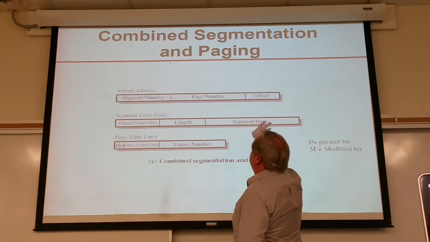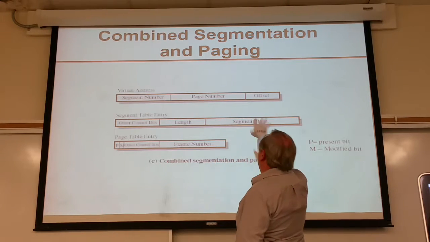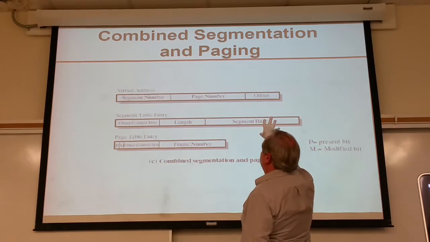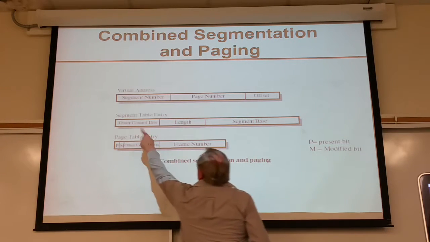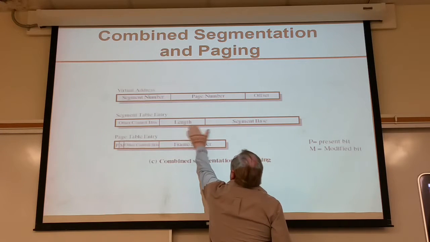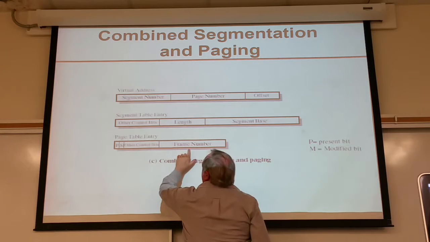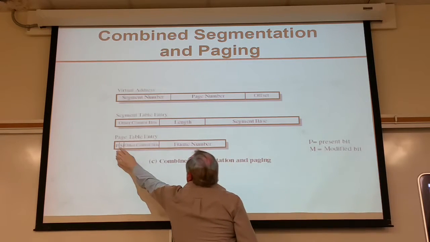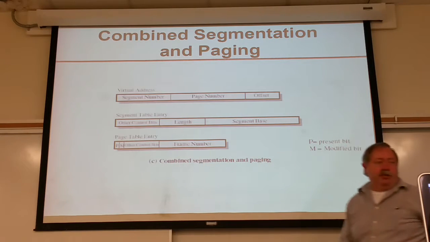Virtual address, we would have a segment number, then we would have the page number, then we would have the offset within there. The segment table entry then would have the length and the segment base because we are still concerned with those two things. And then the page table would simply need the frame number and the modified bit and the present bit.